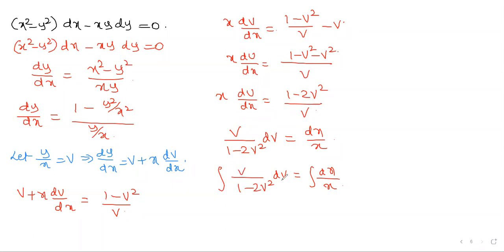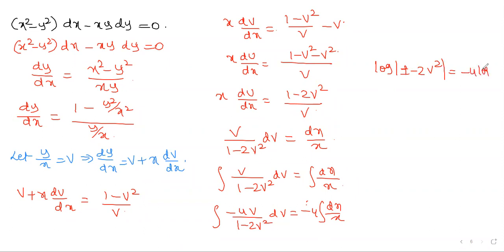For that, multiplying by minus 4 on both sides, integral minus 4v by (1 minus 2v square) dv is equals to minus 4 integral dx by x. Same as f dash of x by f of x is log of f of x, that is log of (1 minus 2v square) is equals to minus 4 log x plus log c.